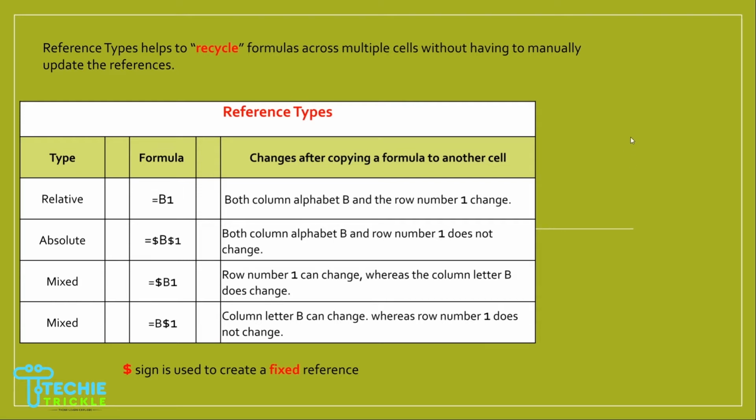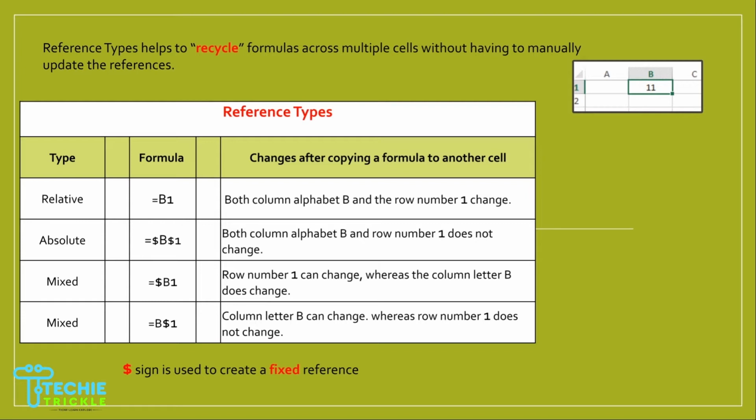In the first variant, here B1, both the column and the row can change. So in the example here, the value will keep changing as we move from one cell to another. The next variant has an absolute B and an absolute 1. Here both the column and the row do not change.